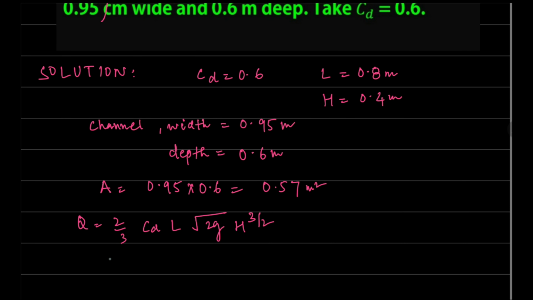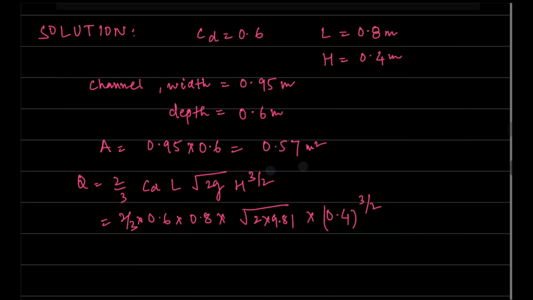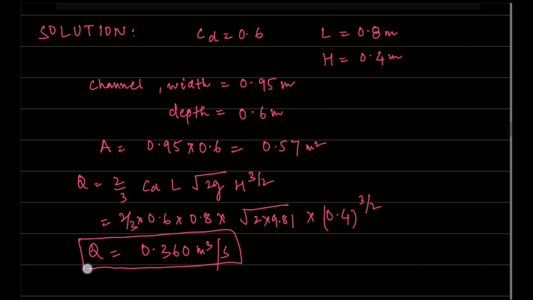So Q is 2 by 3, CD is 0.6, L is 0.8, multiplied by under root 2 times 9.81, multiplied by H raised to the power 3 by 2, so H is 0.4 raised to the power 3 by 2. If we simplify, this Q value will be 0.360 meter cube per second. That is the Q value.